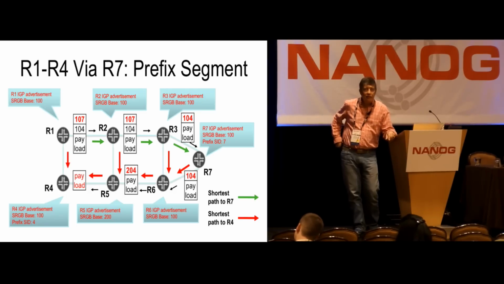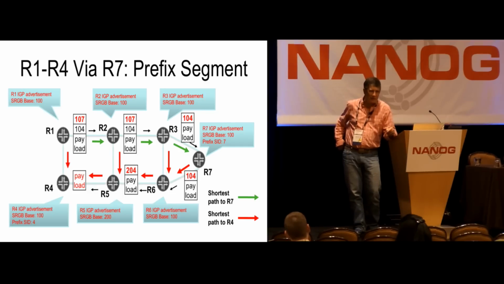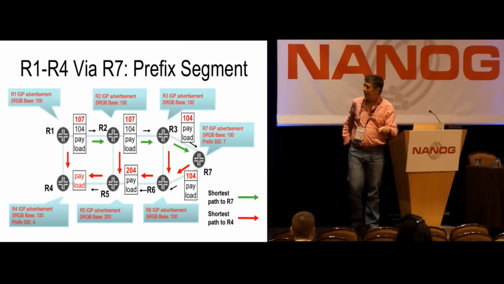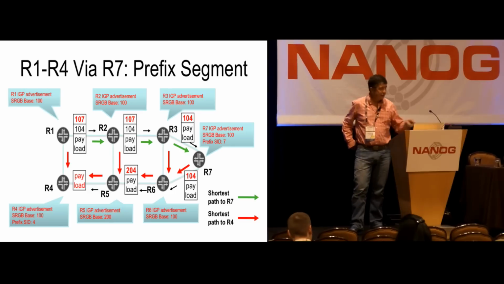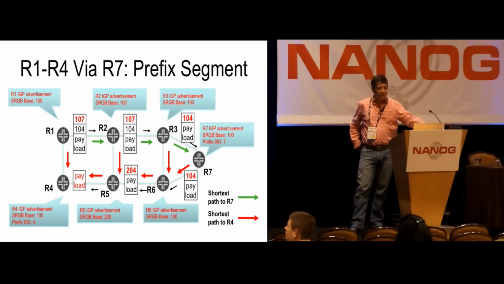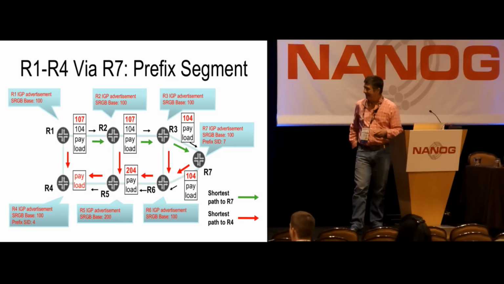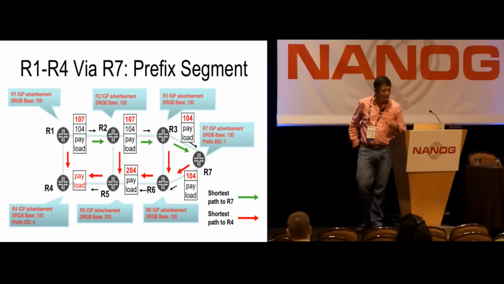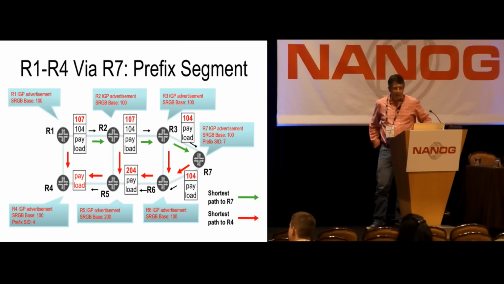What label maps to R4? It's going to be 100 plus 4, because that's his SRGB base. Now, the other label, for R7, who advertised SID 7? Exactly. Now, let's take a look at the little jitteriness.